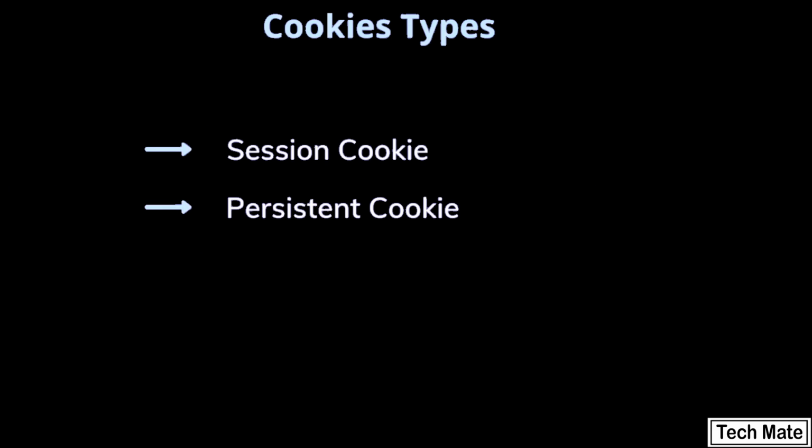Here we have two types of cookies: the session cookie and the persistent cookie. A session cookie doesn't have a lifetime, meaning as soon as you start communicating with the web application, your cookie will be generated and will work only for that specific session. But you may also add a time span, which will make it a persistent cookie.